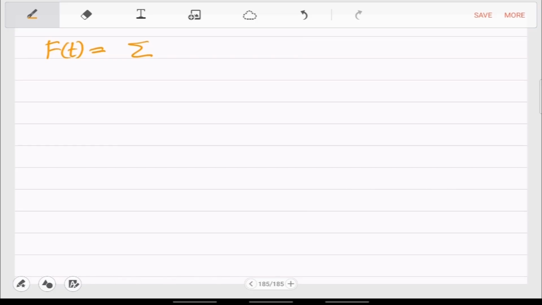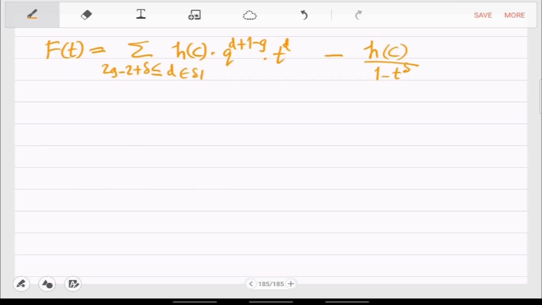So we'll get HC times, this is from Riemann-Roch, d plus 1 minus g, t raised to d, minus HC divided by 1 minus t to the delta, and the sum goes over large degrees and multiples of delta.